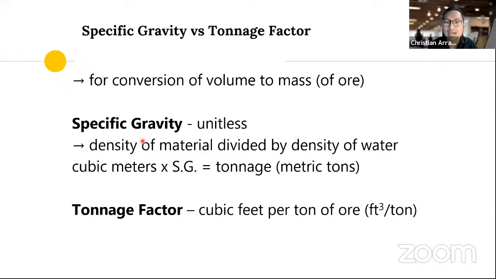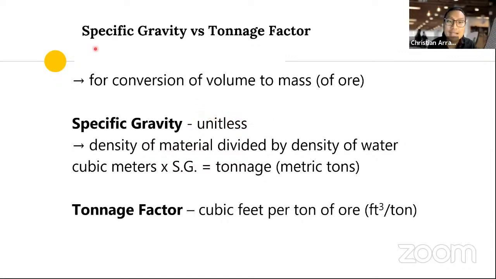You might want to check that kung tumutugma ba yun. Pero yun ang density ng water. So doon mo i-divide yung density of material. And the density of material divided by either metric ton per cubic meter of water or even grams per cubic centimeters of water, makakancel out yung unit, kaya siya nagiging unitless.